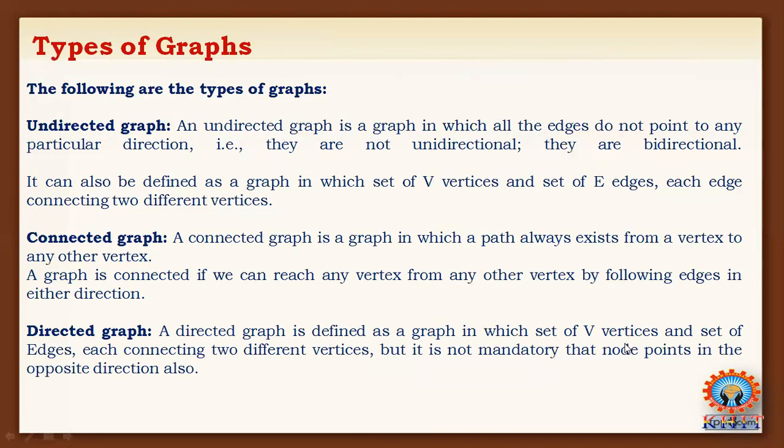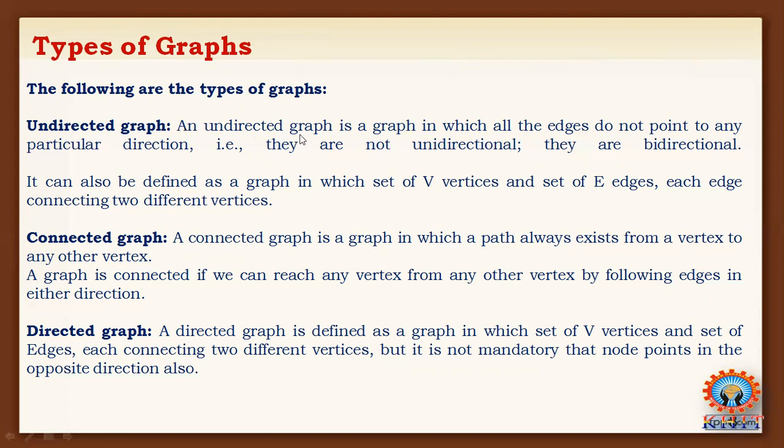There are different types of graphs we have seen. Some of the familiar, well-noted graphs listed here are the undirected graph, connected graph, and directed graph. Undirected graph in the sense there are no arrow marks, no clear directions from source to destination.